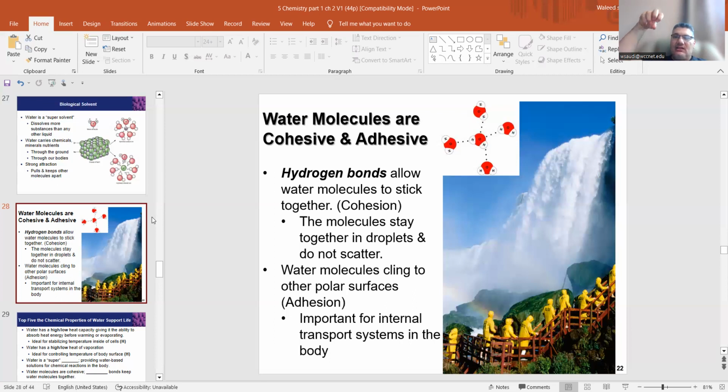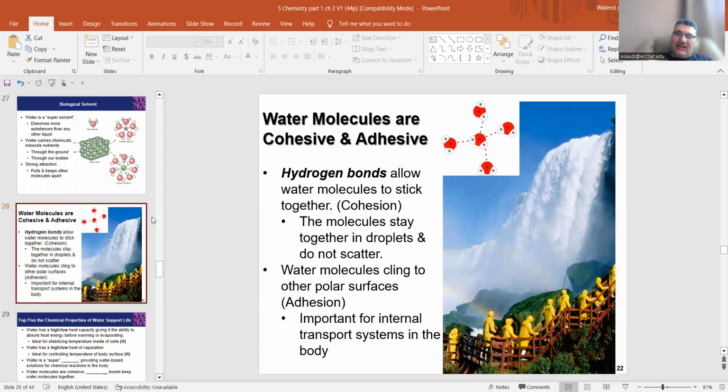It's a droplet, meaning the different molecules of the water stay together. It doesn't spread. It doesn't scatter. Why? Because of the hydrogen bond. When water stays together like this as a droplet, we call that cohesive.